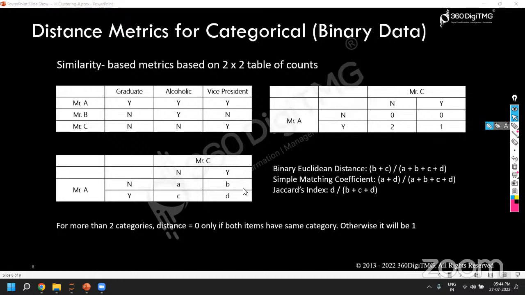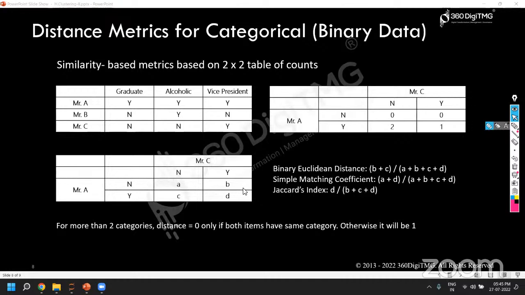Even if your data is not binary, it has more than 2 values, more than 2 options. In our discussion till now, it is only yes or no. But what if I have more than 2 options? Right? So in this case, we would basically talk about the distance being either 1 or 0, based on the similarities in the categories. If both the records belong to the same category, then we say that there is no distance. That means they are similar.